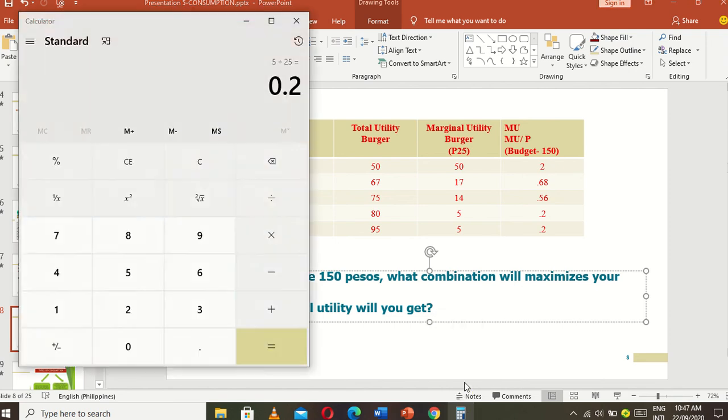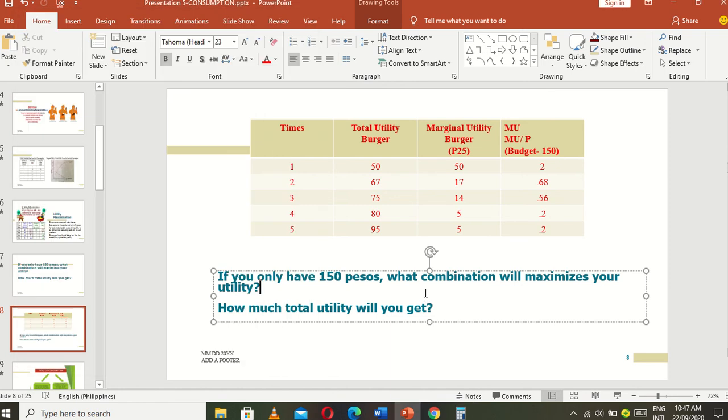If you have 150 pesos, 150 divided by the price of the burger, 25, makes 6. So you can consume 6 burgers in all. You just divide the 150 given by 25.